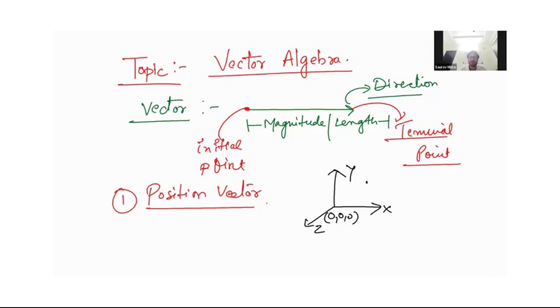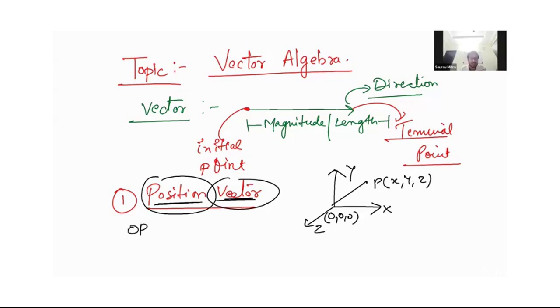If you have a point P somewhere here, it is of the form x, y, z, in 3D. So what is the position vector of P? The position vector is always calculated from the origin. Clear?